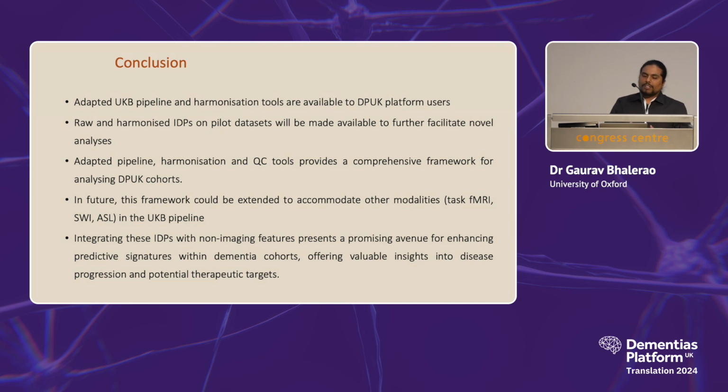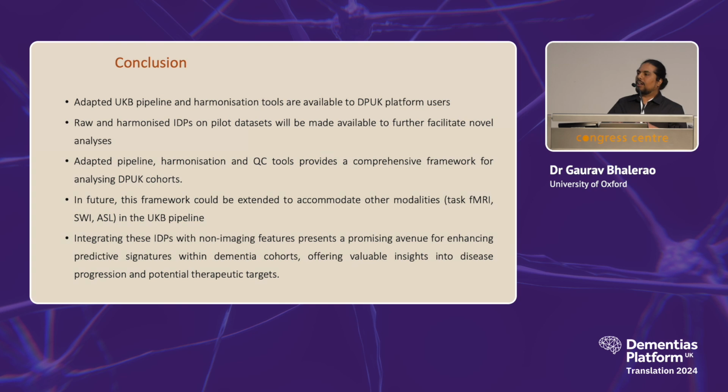So in conclusion, the adapted pipeline, the harmonization tools, and QC tools provide a comprehensive framework to analyze DPUK cohorts, and all of this is going to be available on the DPUK platform so that users can use it. Also, raw and harmonized IDPs on pilot datasets will be made available to facilitate further novel analysis.